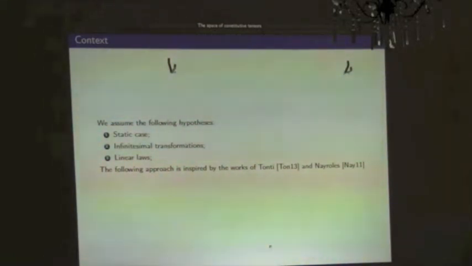Everything will be seen as vector fields over the first placement, and we're just going to see things that are connected to linear laws. Maybe some discussion can be made on generalization, but it's not the aim.